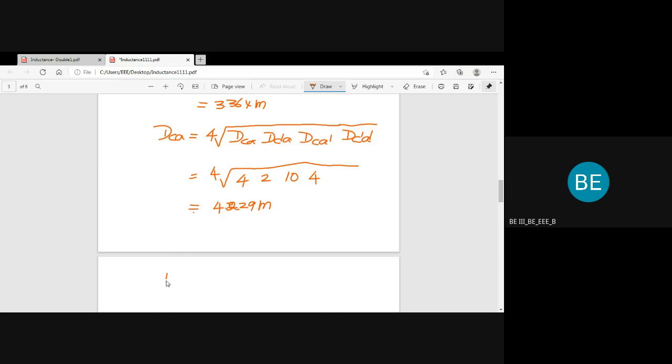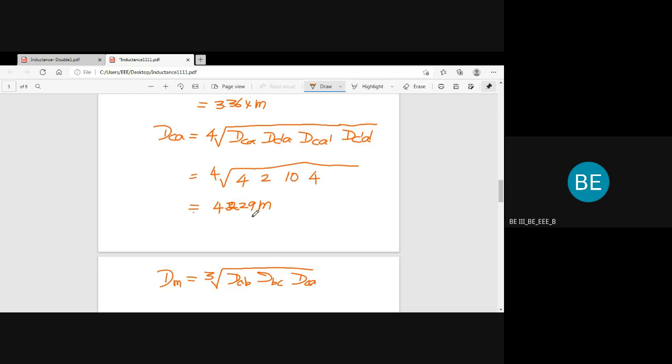So once we have found all these, we can find dm. So cubic root of AB, BC, and CA. So all the values we know.